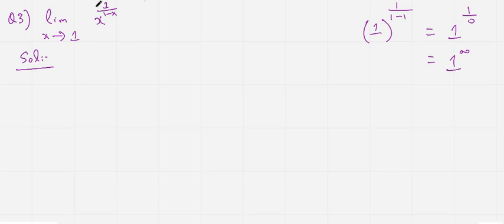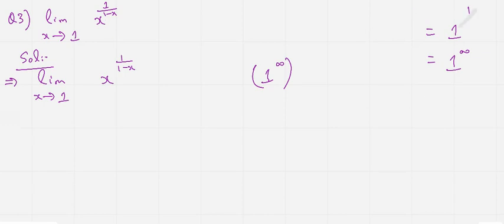First of all, you simply assume that let y equal this function. So first we write that originally this function is giving me 1 power infinity type. We write this and remove this word. Now we assume that let y equal x power 1 upon 1 minus x.